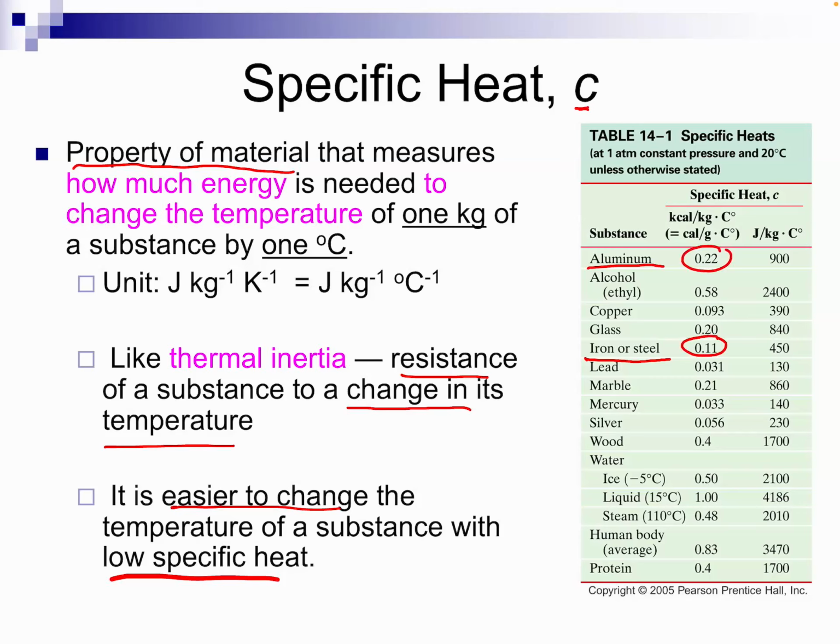And this is why pots are made of steel. Steel has a lower specific heat compared to aluminum. And so given the same inputs of energy, steel will heat up faster, will change its temperature faster because it has a lower resistance to change in temperature.